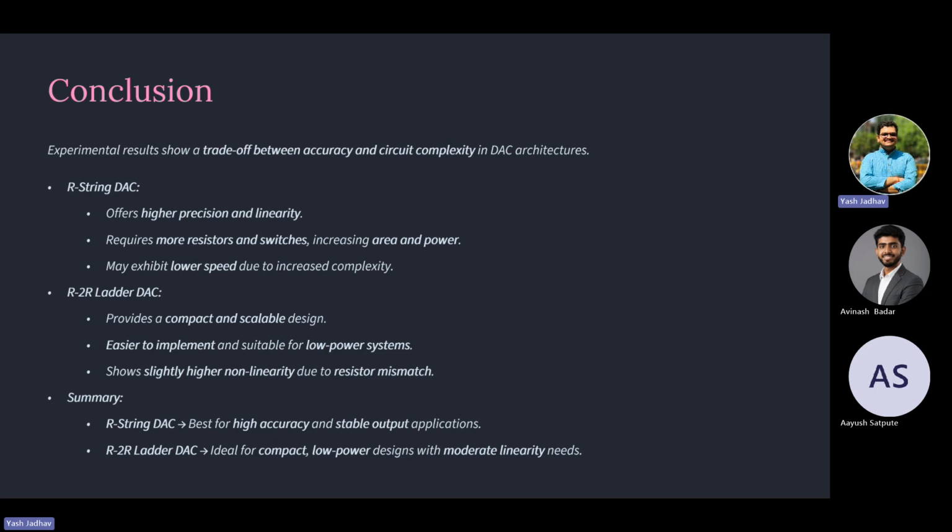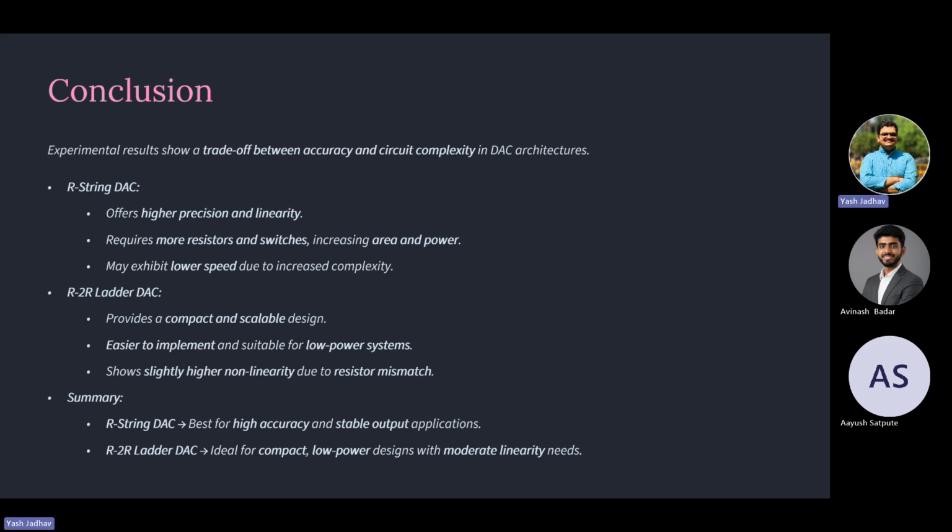Conclusion. In this experiment, we tested two popular DACs, which are the R-string, or resistor string DAC, and the R2R ladder DAC. After this, we can conclude that the R2R DAC is compact and easier to implement. It also gives moderate to good output when the V reference is lower than VDD.